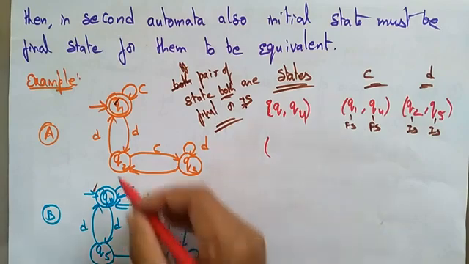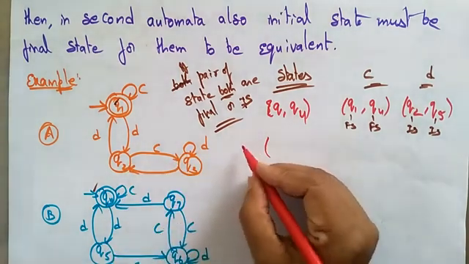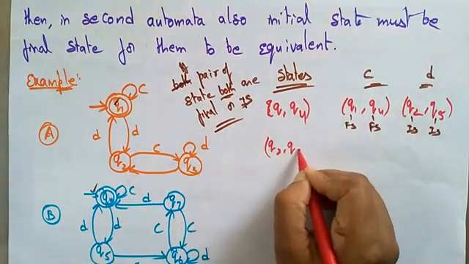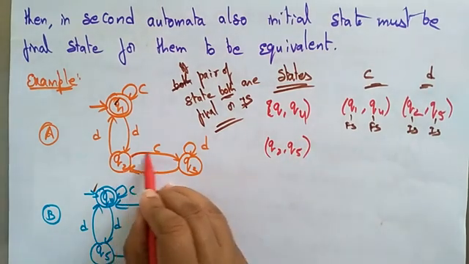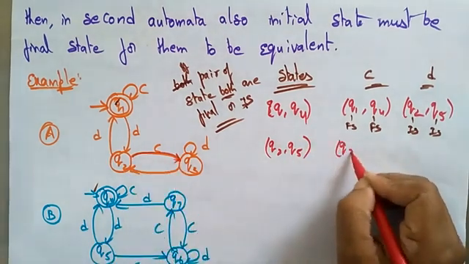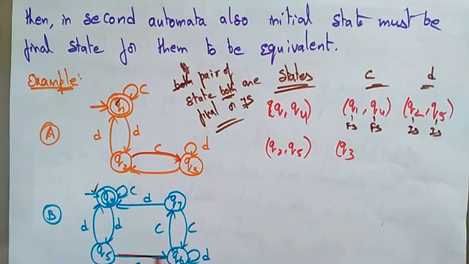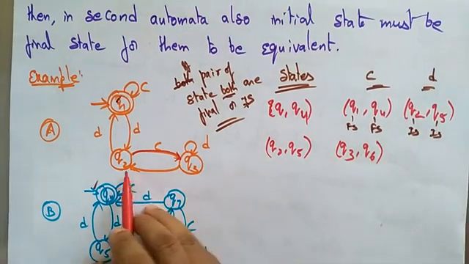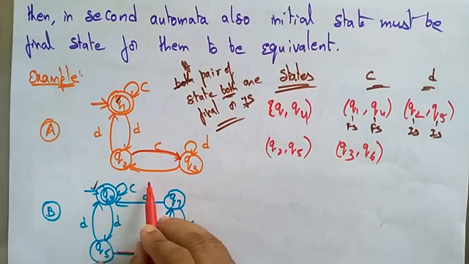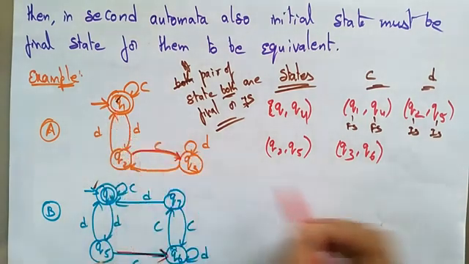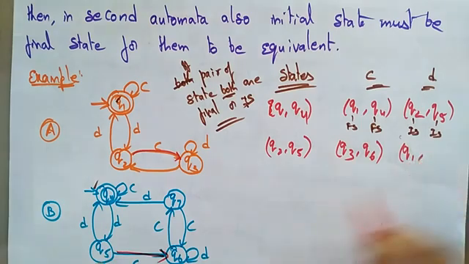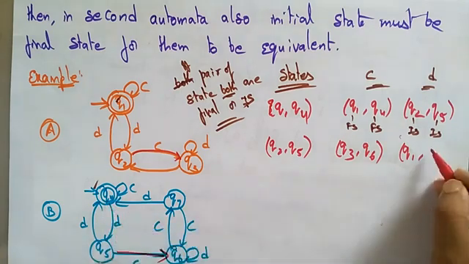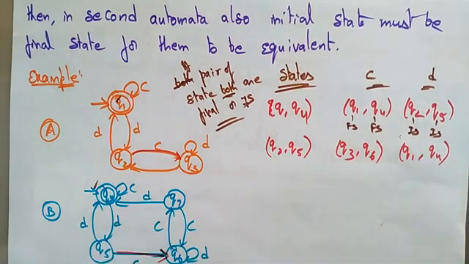This time I will take the pair Q2 and Q5. Q2 on C goes to Q3 and Q5 on C goes to Q6. Now coming to D, Q2 on D goes to Q1, which is the final state, and Q5 on D goes to Q4, which is also a final state.